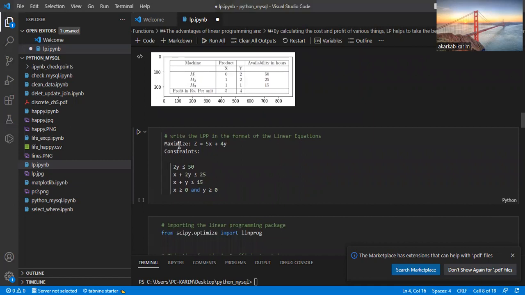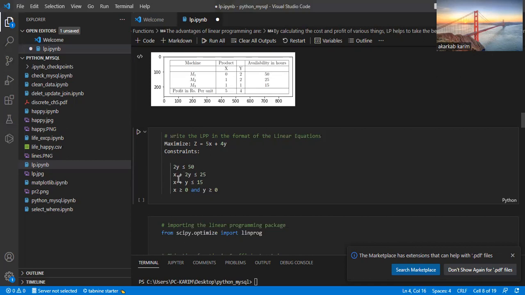So this is the other format. Here we need to maximize our function. The objective function here is 5x plus 4y. We need to maximize this function and know what is the best combination to do so. The constraint for y is less than or equal to 50. For this we have 0 for x and 2 for y. We have this constraint 50.